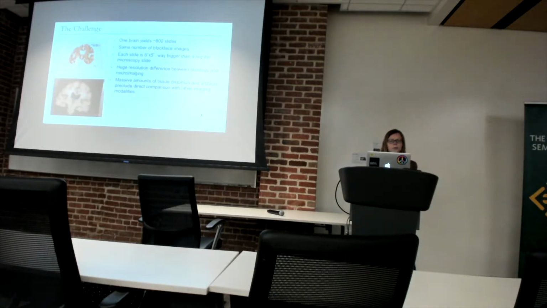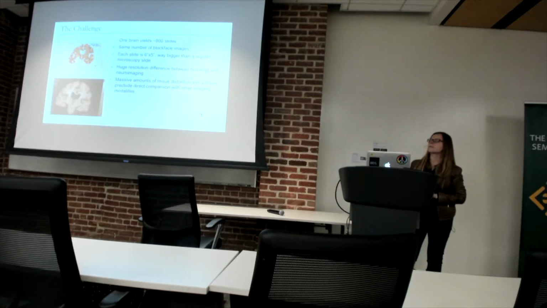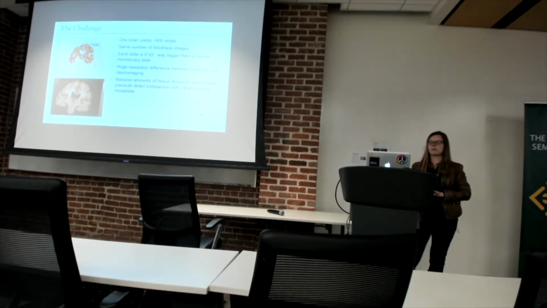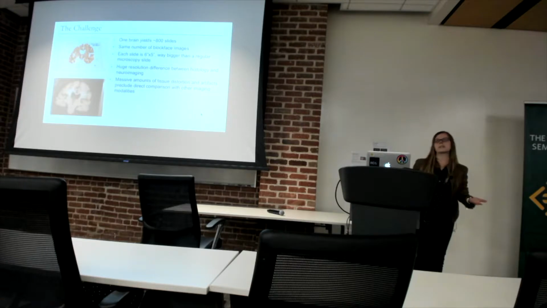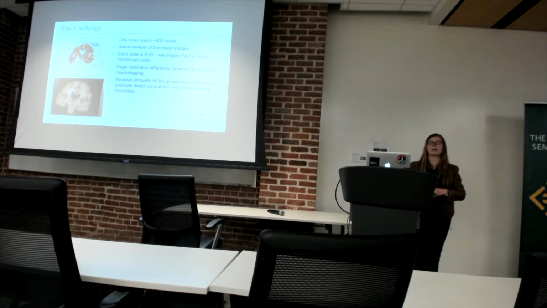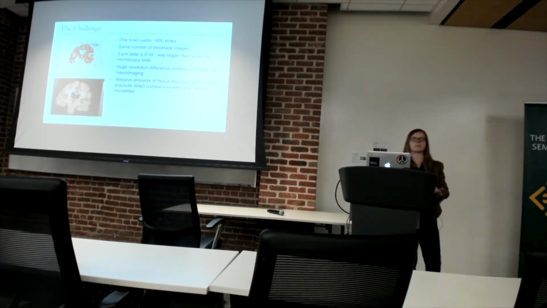So what do I need to do? I'm left with this huge slide that, by the way, doesn't fit a normal microscope. And these images are called block faces. How do I go from this material to neuroimaging? How can I do a direct comparison between the information I get from those images and some neuroimaging modality?